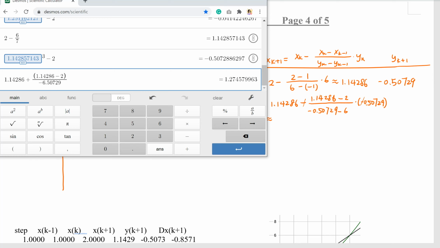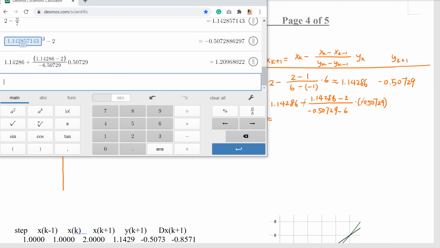Okay, so the answer is, let me check my answer. Oh, I forgot to multiply by 0.50729. Yes. Okay, so now do I have everything? Good.